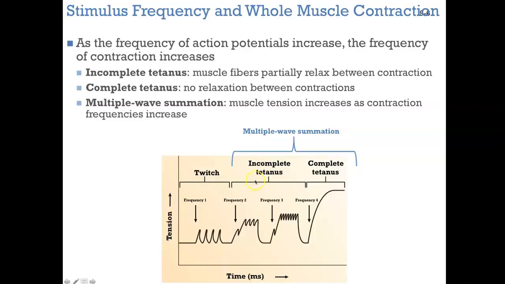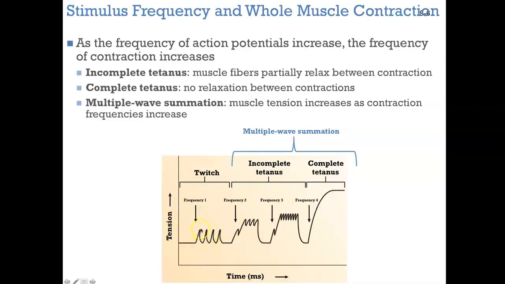Let's focus on this image down here real quick. See how this is sustained and we keep that tension in place? If we have enough action potentials happening back to back, then we get this complete tetanus. Here's our twitch. This kind of reminds us of our treppe a little bit, right?